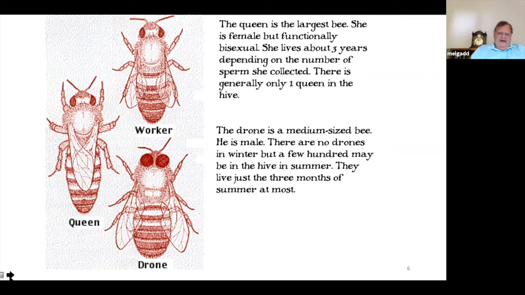Male bees do nothing else. During the season when they're needed for mating purposes, the worker bees will feed them and clean them. But come October, when the hive is getting ready for winter, you can stand in front of the beehives and watch the worker bees push the males out and not let them back in. And since they don't know how to feed themselves and don't know how to clean themselves, they either will starve to death or they will freeze to death.